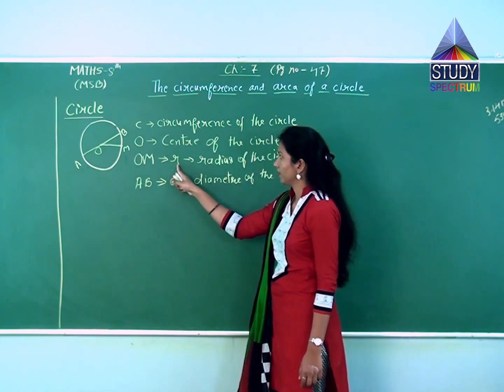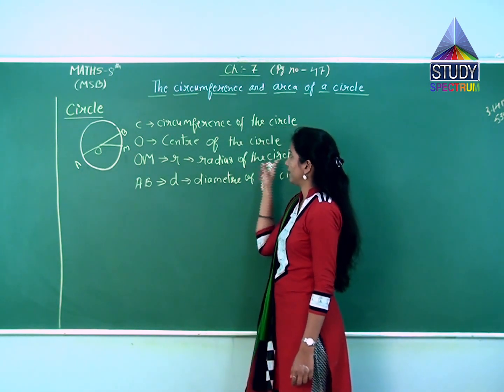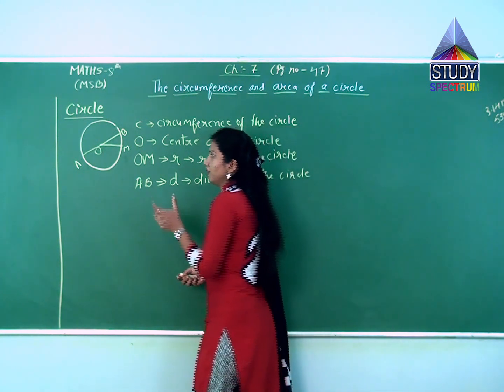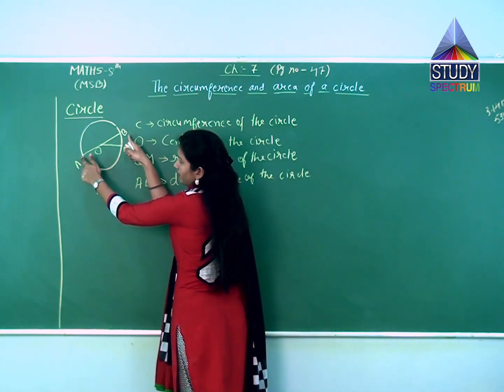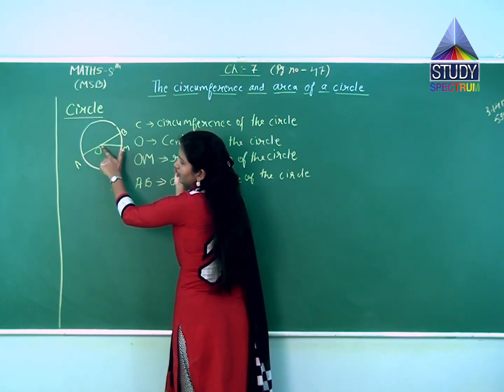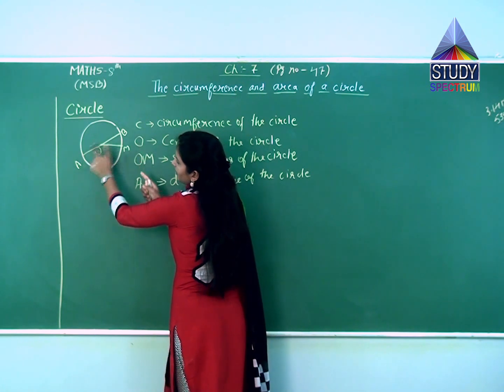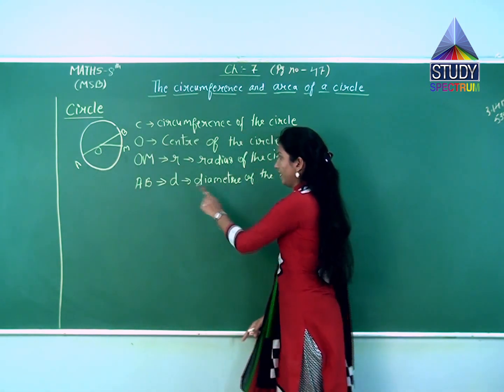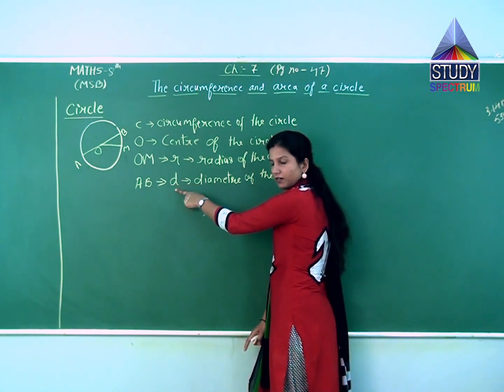Here OM, that is R, that is equal to radius of the circle. And if we join 2 points on the circle with a line going through the center, then this AB will be known as our diameter of the circle, and diameter is also denoted by D.